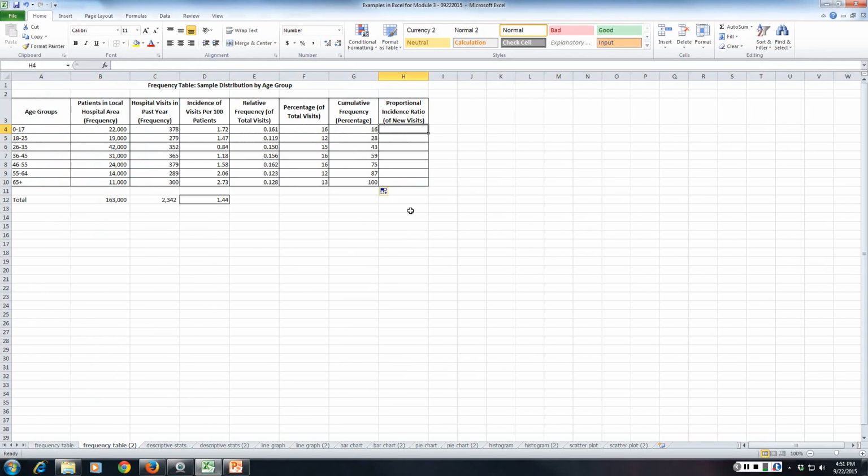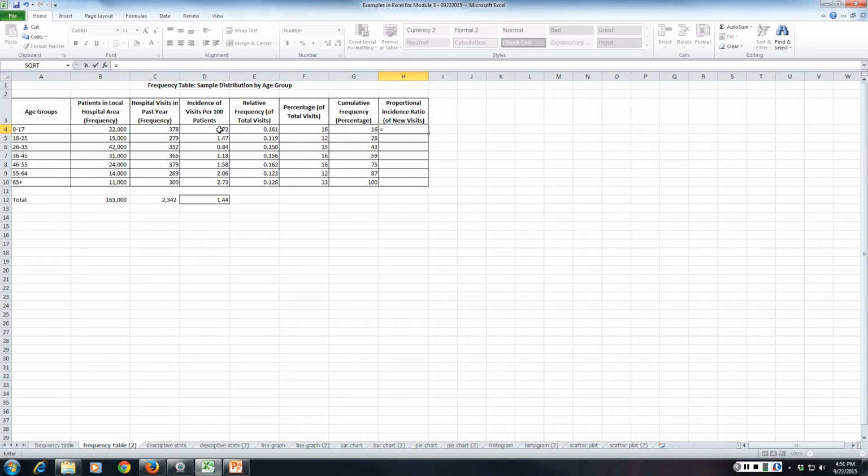Well, what about the proportional incidence ratio of hospital visits to the mean incidence in the entire population? That would give us an idea if there were more visits on average in that particular age group than the mean. So this is quite simply the proportional incidence that we're calculating here.